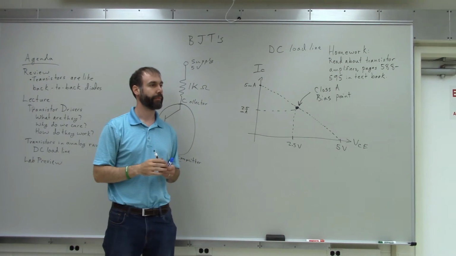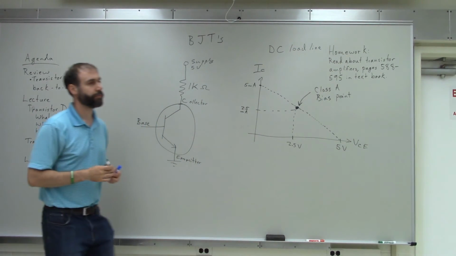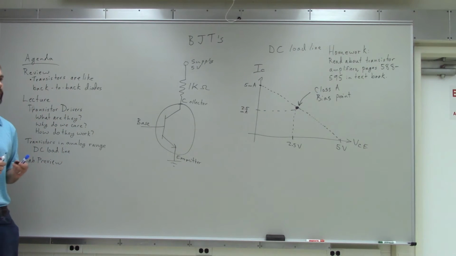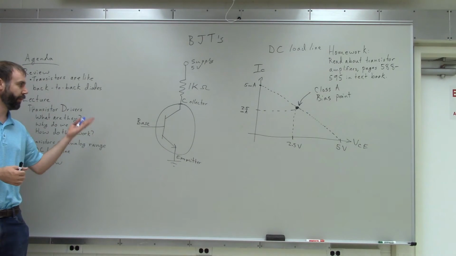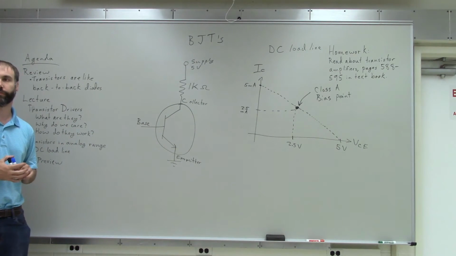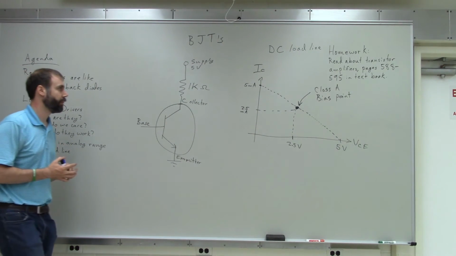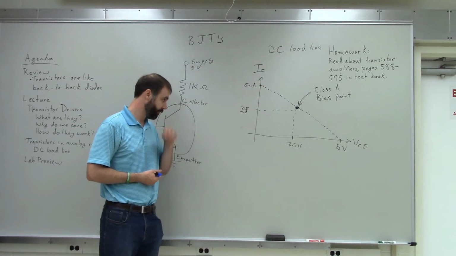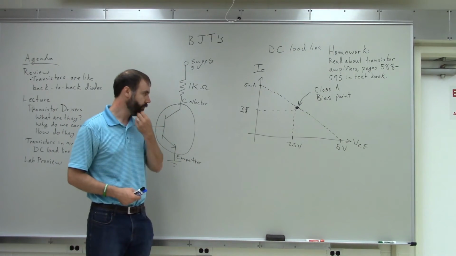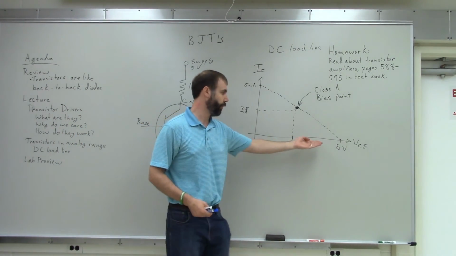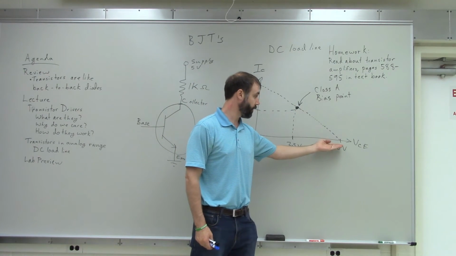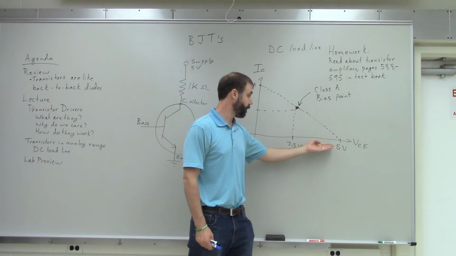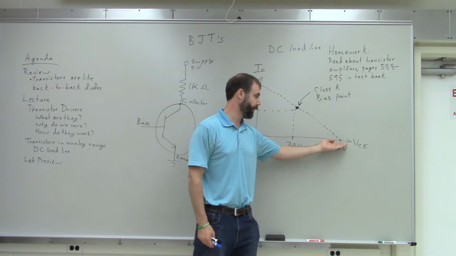Yeah? When you call it the analog range, you're just referring to the fact that it's either all the way on or all the way off? That's right. It's in between being all the way on and all the way off. So if you have the voltage all the way up, then the transistor is off.